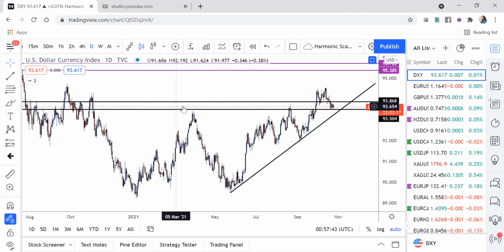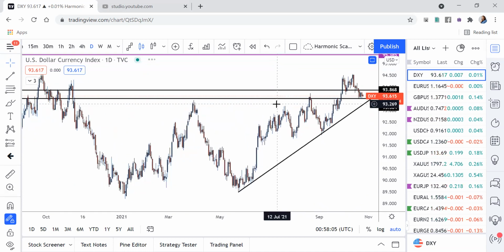We also broke structure here and here, right? So structure was broken, right? We had a break. We're currently retesting structure, so everybody can see that right now we are testing structure that was broken.